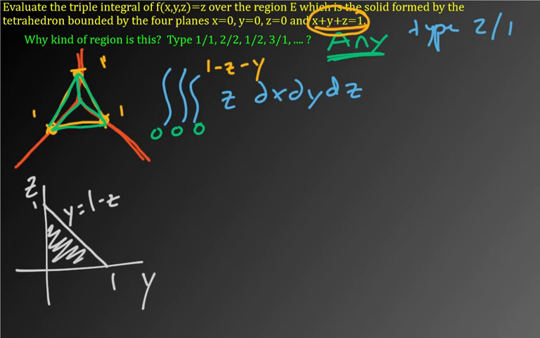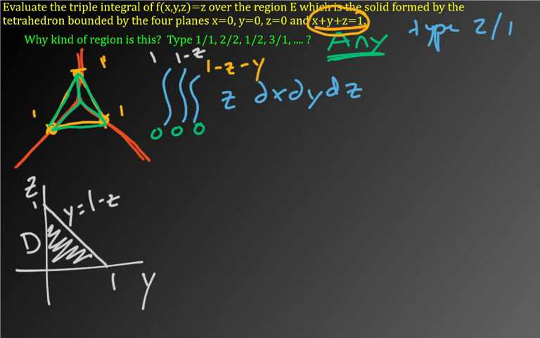So this is my region like D, let's say. Then I get 1 minus Z right here. And the last one is nice because everything has an upper bound of 1 in one dimension: 0 to 1, 0 to 1, 0 to 1.